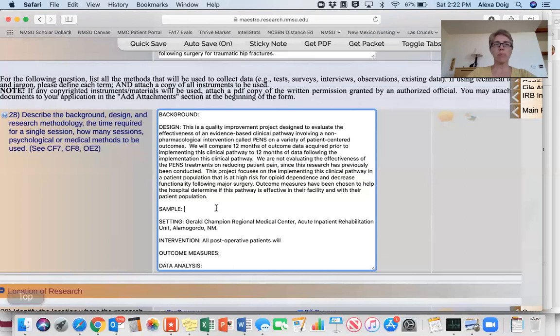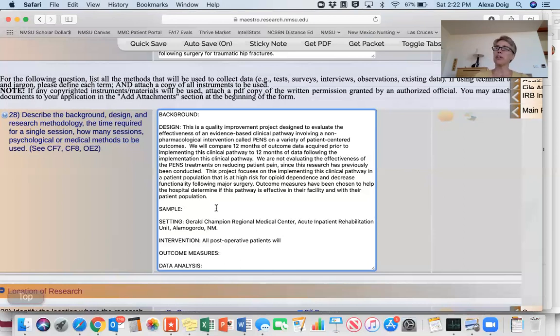I haven't described my sample yet. In the DNP proposal PowerPoint template, we call this the population of interest. In research language, population means the whole population. So in this case, the whole population of adults who suffer traumatic hip fractures and then undergo surgery in the world.